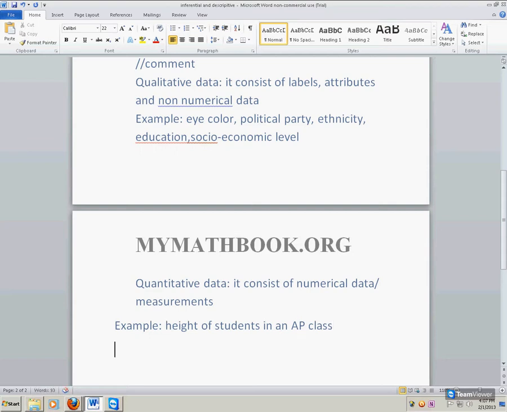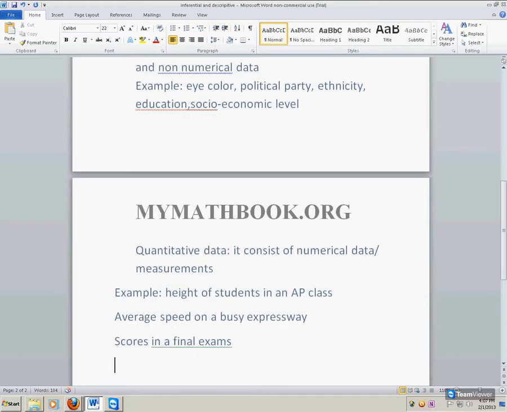You could also have average speed. We could have final exam scores. So these are some of the definitions of quantitative data, and these are some of the examples of quantitative data.